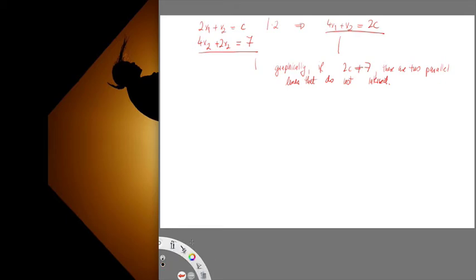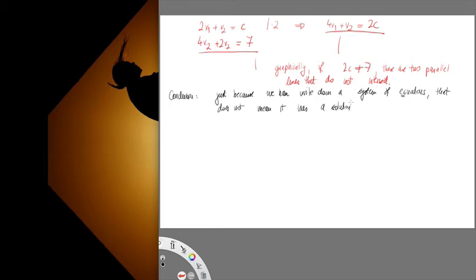So, conclusion: just because we can write down a system of equations, that does not mean it has a solution or a unique solution.